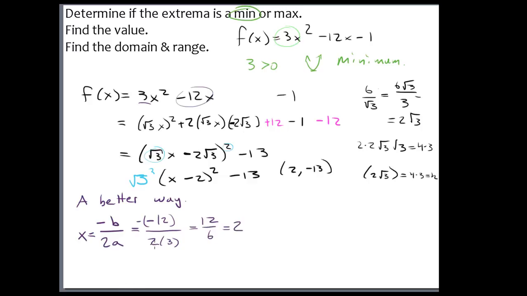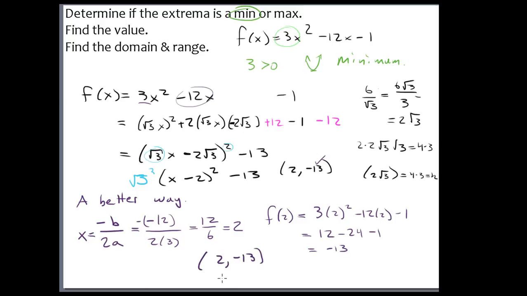That's the x-coordinate of the extrema. f of 2 is equal to 3 times 2 squared minus 12 times 2 minus 1. So that's 12 minus 24 minus 1. That's negative 13. Yeah, that's a better way. It only took this much space. It was what? 5 little bits compared to all of this nonsense.